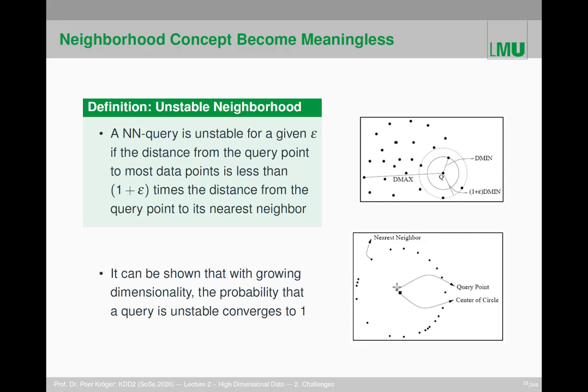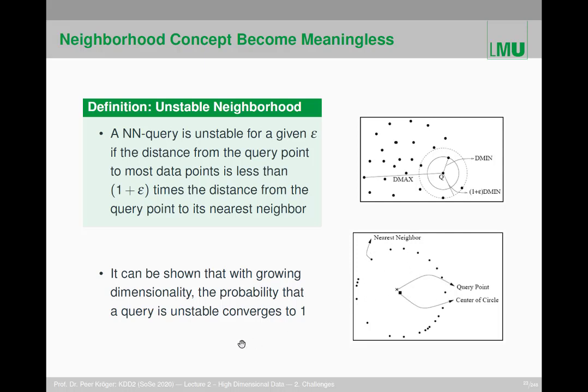Here the query point is somewhere near the center of this circle, where the other points are drawn from. This one is obviously the nearest neighbor, and all the other points are within a very short range of this nearest neighbor distance. And in this case, the nearest neighborhood is unstable.